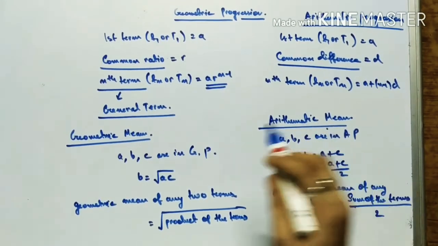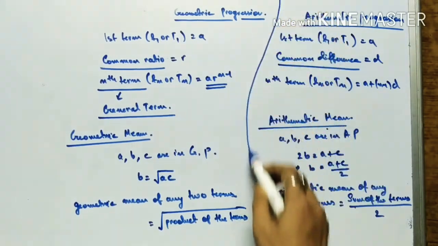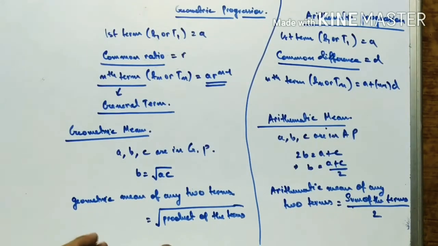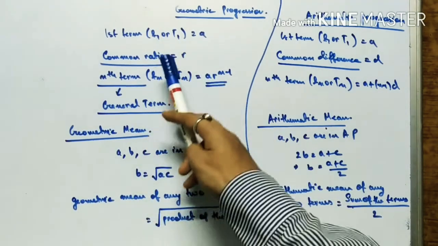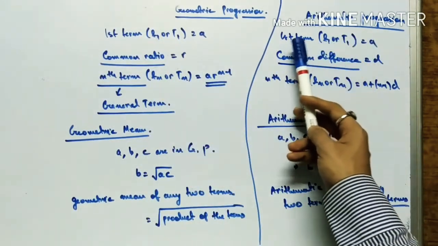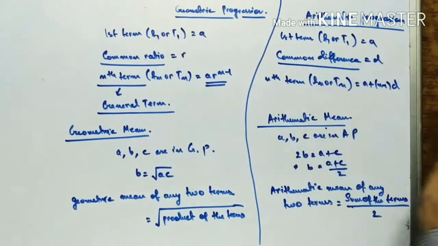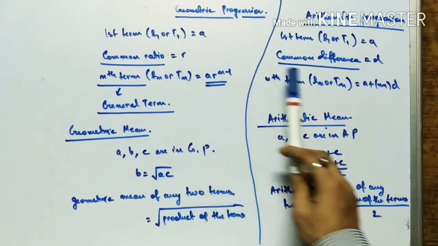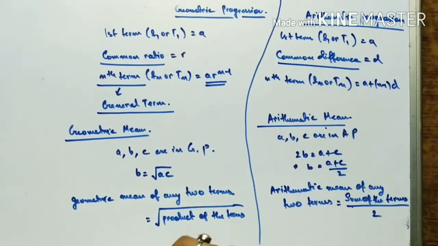So these are the differences between geometric progression and arithmetic progression. Arithmetic progression we have already learned. In geometric progression the first term T1 is equal to A, and in arithmetic progression the first term T1 is also equal to A, the same. But here we call it common ratio, denoted by R, while in arithmetic progression we call it common difference, denoted by small letter d.